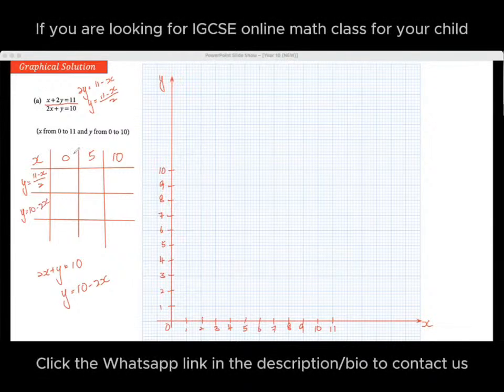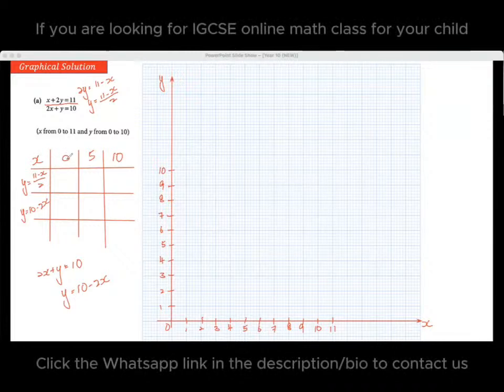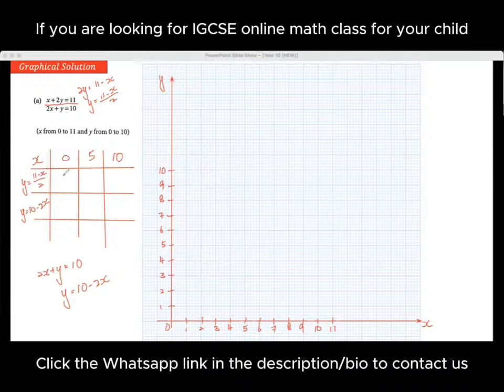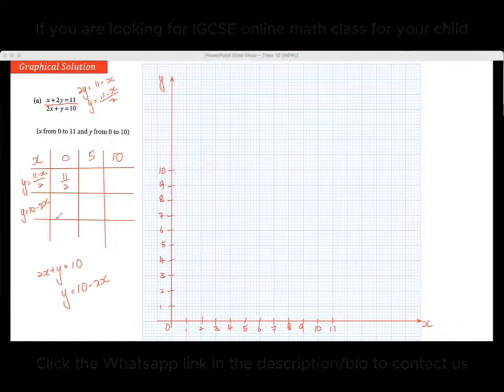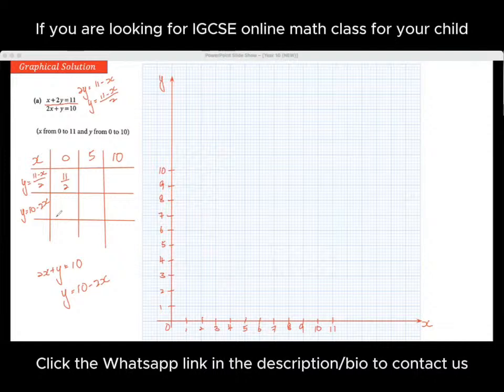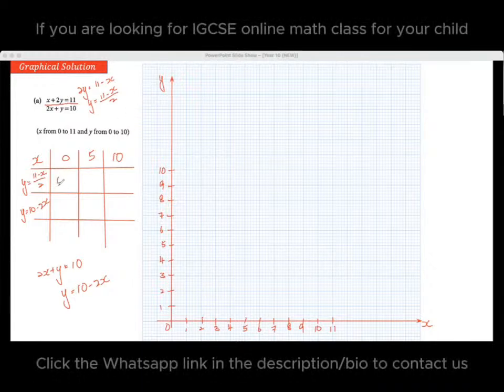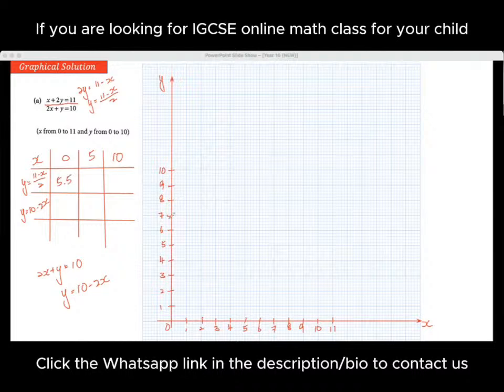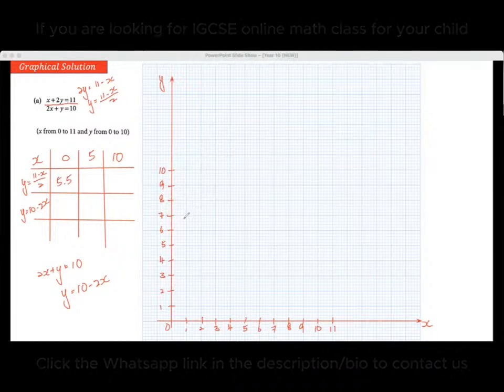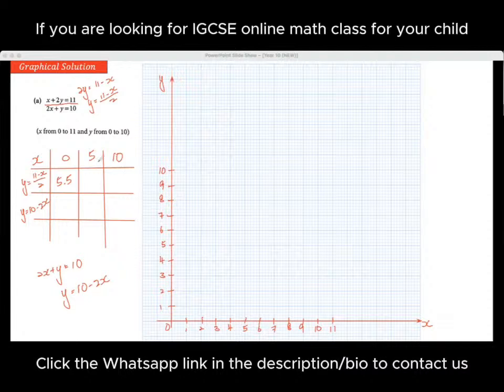Okay, now you substitute x equals 0, y equals what? So when x equals 0, y equals 11 over 2. 11 over 2 means 5.5, right? So you can write 5.5 or you write 11 over 2. I will write 5.5 because it will be easier for us to plot it instead of looking at 11 over 2.